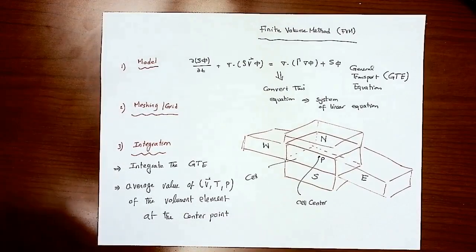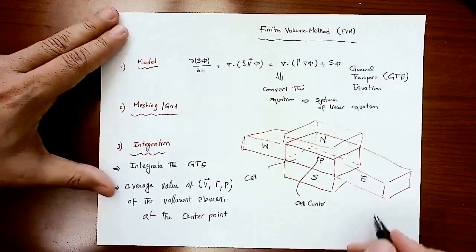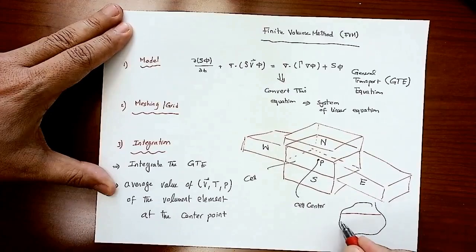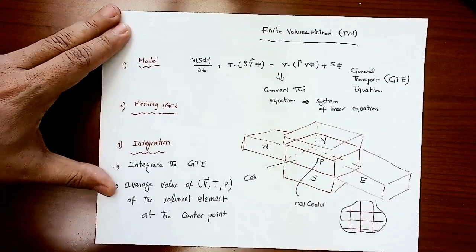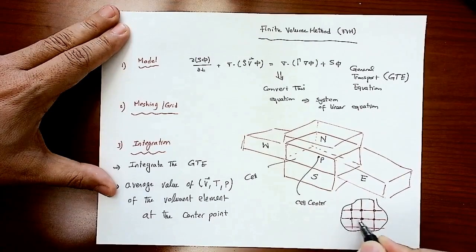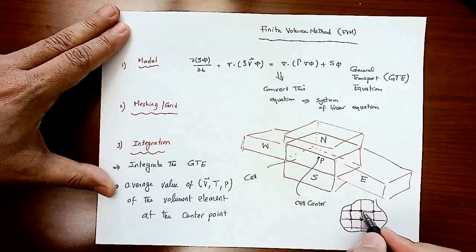So now we no longer deal with the faces of that element. You remember in that two-dimensional domain, if we do meshing or gridding, in the finite difference method, these were the nodes that we always dealt with. And you realize that these nodes are now located at the boundary of each cell, right?